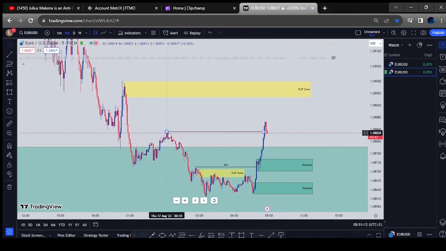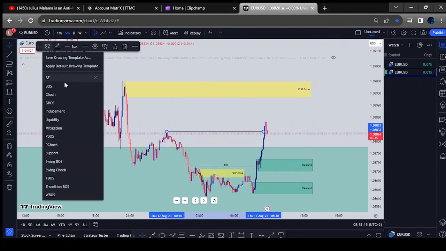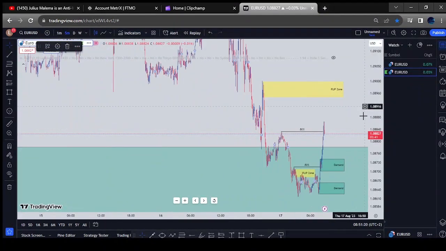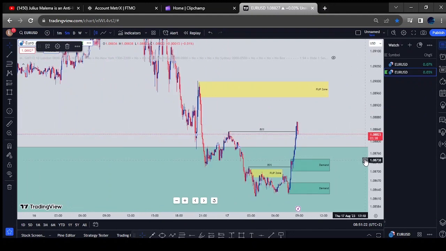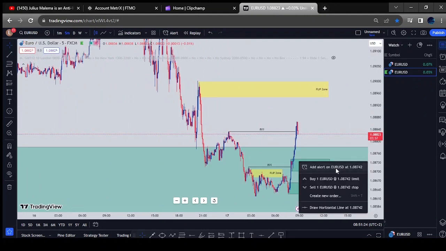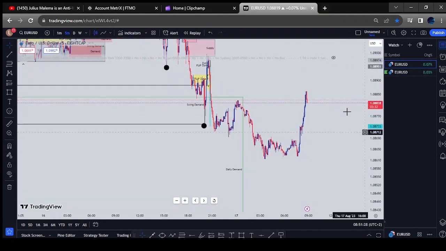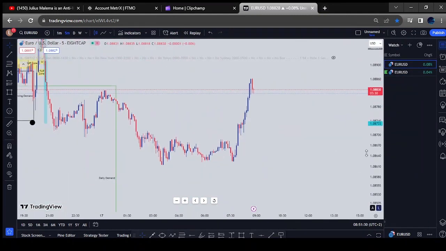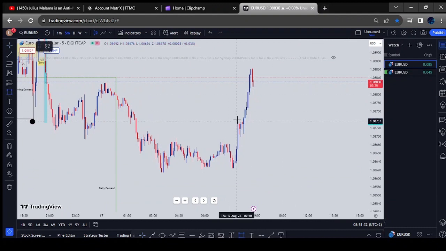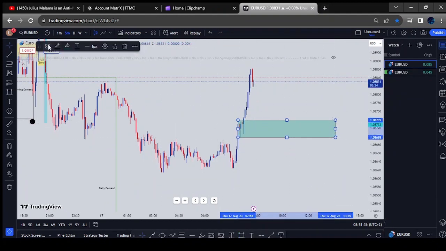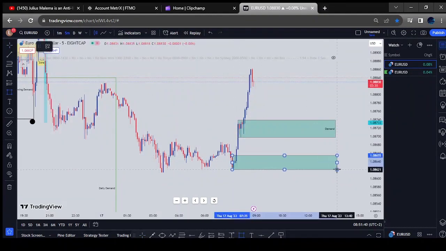So right now what I'm going to do is put my alerts right here, on another break of structure. Let me put them on this one, 8 cap, because I'm also using 8 cap to trade. So I've got this demand zone over here, and I'm going to mark this one as well.